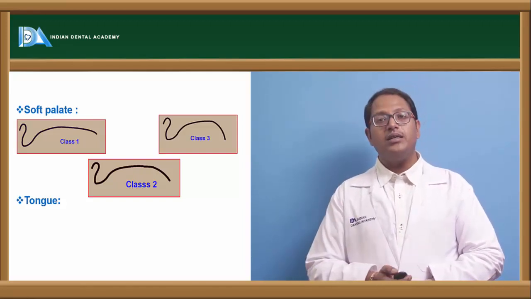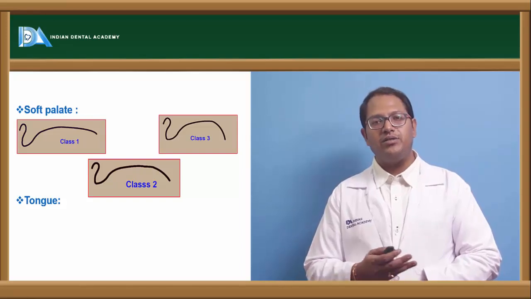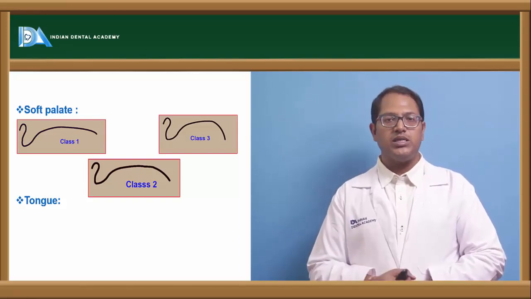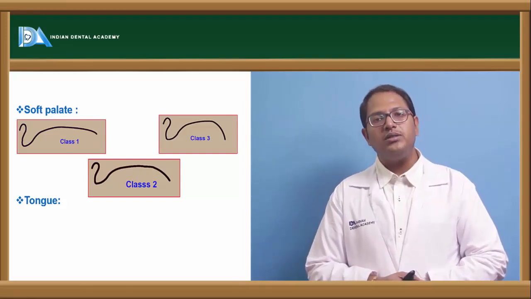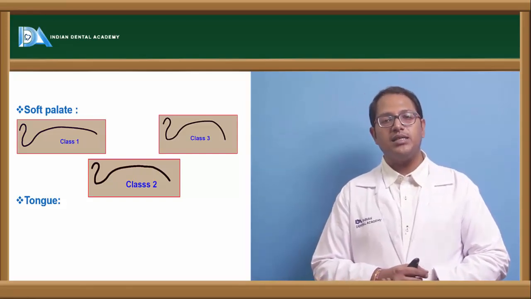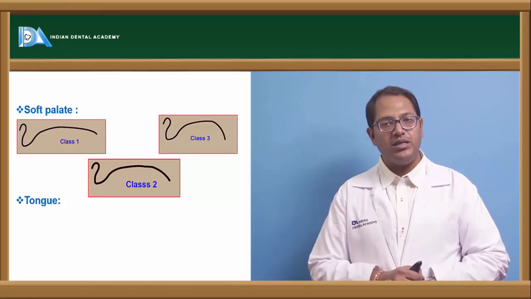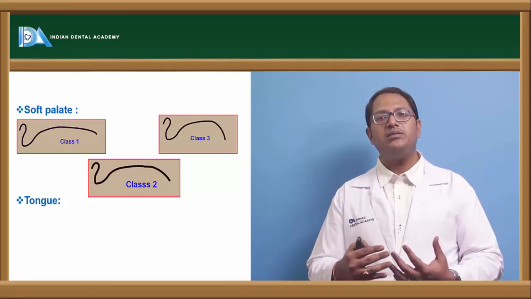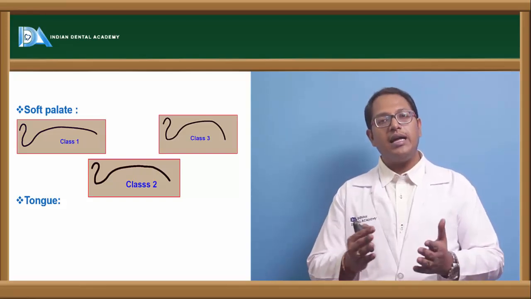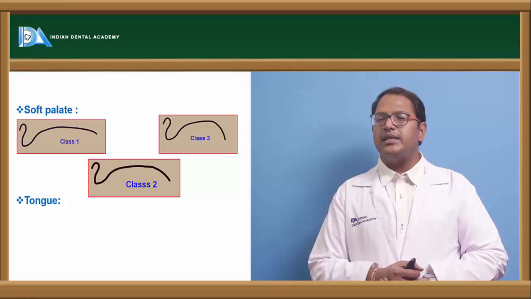Coming to tongue. Tongue is classified by Wright, and by Hauser in different positions. The main thing that we need to look into in tongue classifications is, is the tongue adequately placed in between the teeth? Has the tongue come over the ridge? Is it broader? Is it narrow and longer? Why is that important?